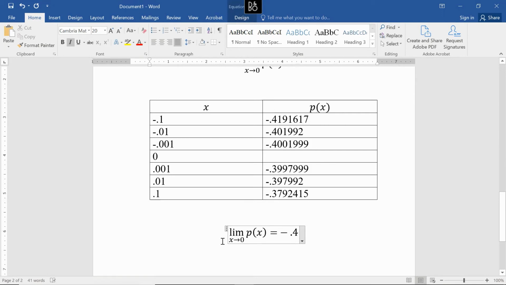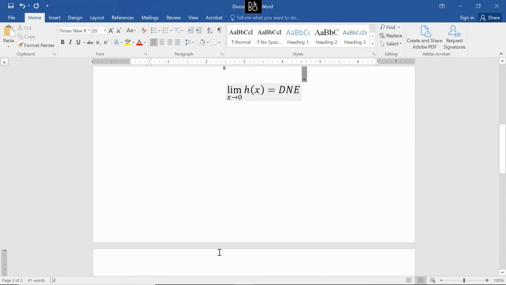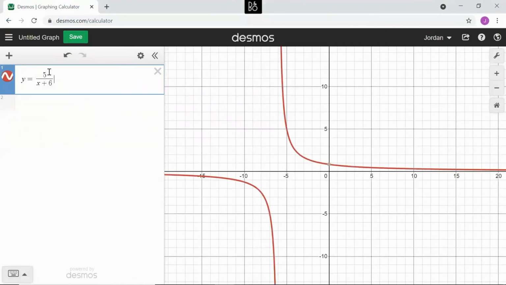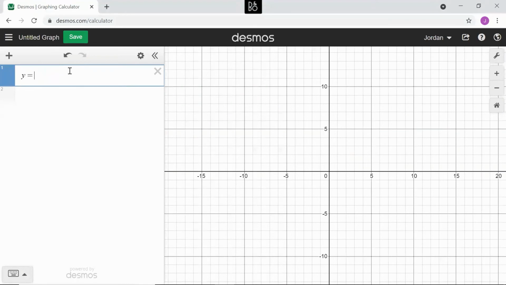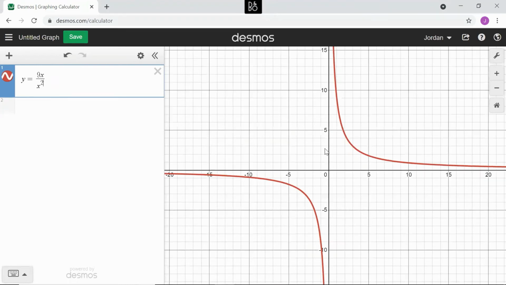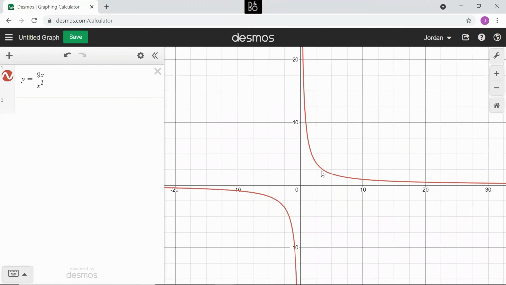Now, let's look at both of these graphically and see what we can do. So let's start with the 9x over x squared. Let's look at what's happening as x is tending towards 0. On the right-hand side, as x goes from right to left and we tend towards 0, notice this is shooting off into the stars.